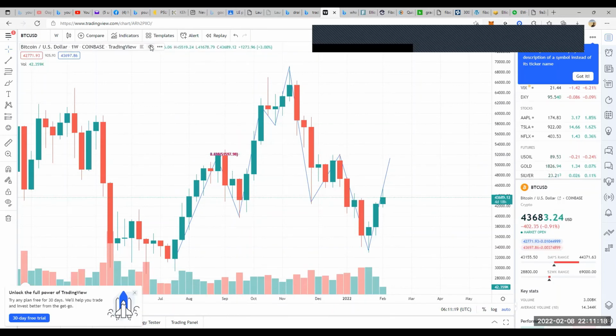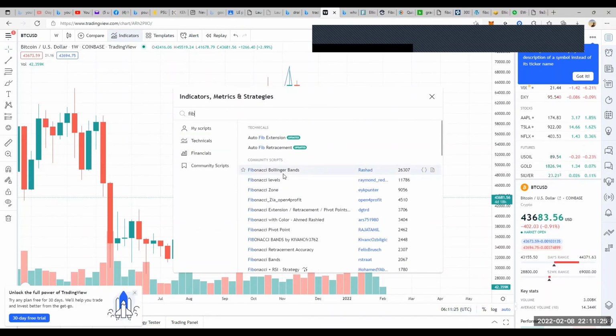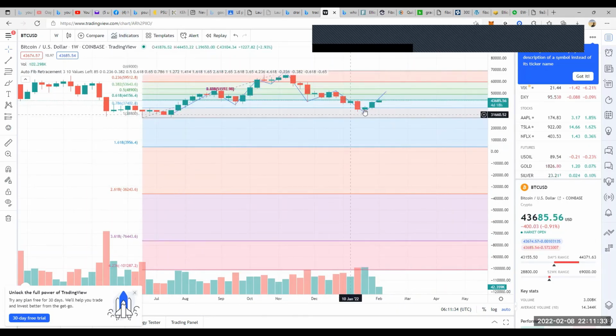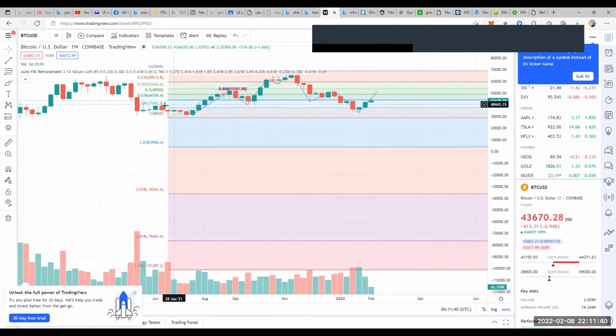Actually, what we're going to do is get an indicator and look at Fibonacci, and we're going to go Fibonacci retracement, and add that now. Now we can quite clearly see, when I zoom in, exactly where this retracement is.